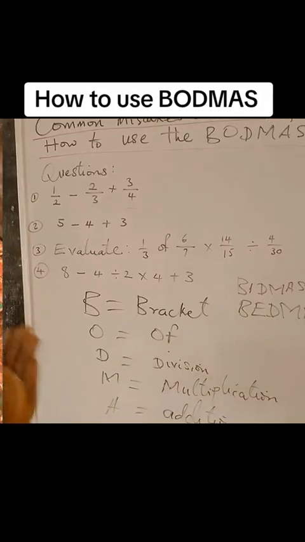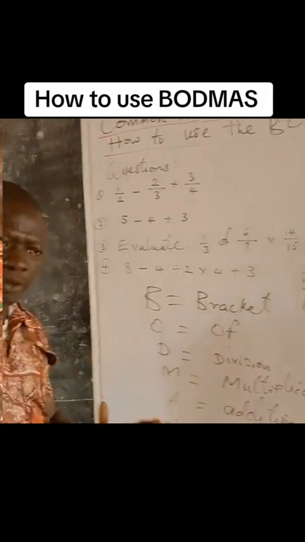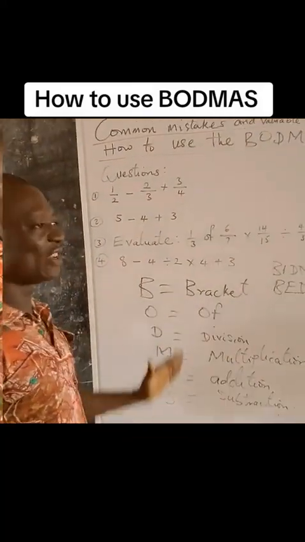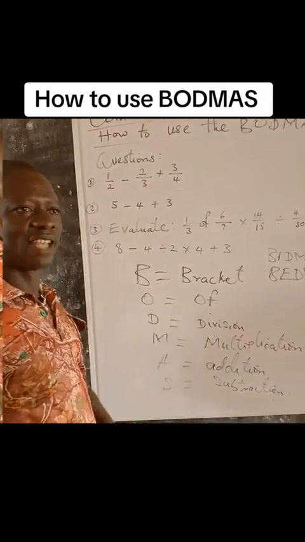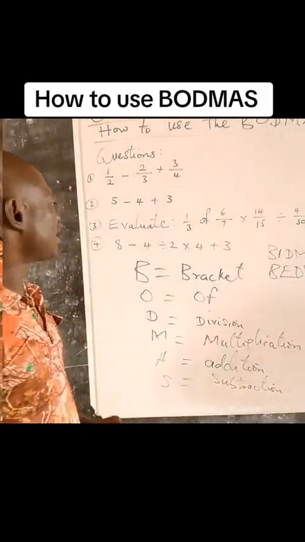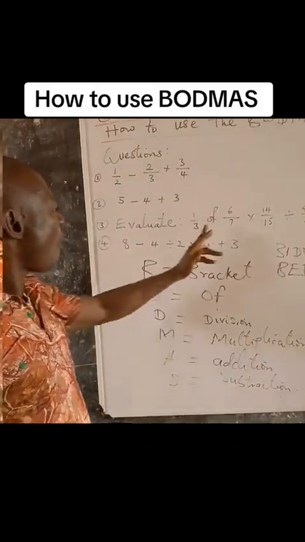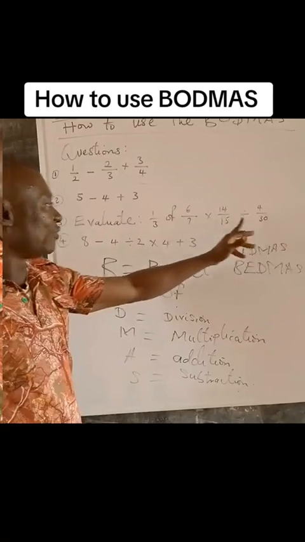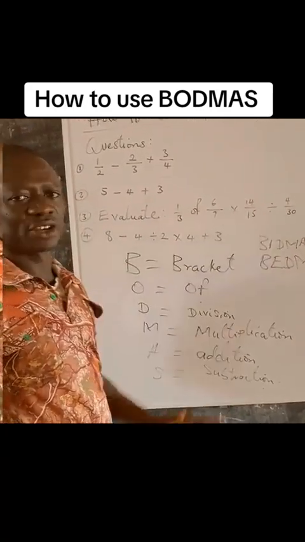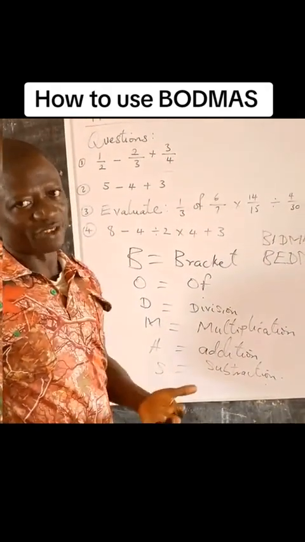We must bring the numbers that have a positive sign first, and put the numbers that have a negative sign later. Then that is a better way to use BODMAS. If we have "of" and division, both of them can be changed to the multiplication sign. So I believe you get that.